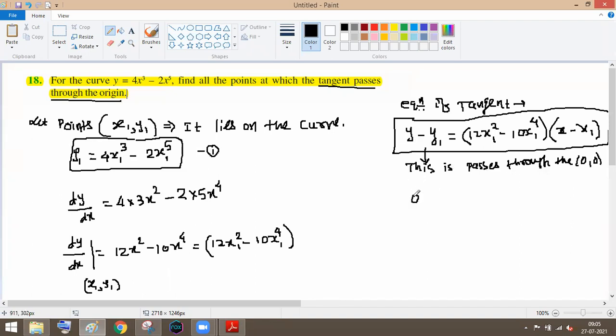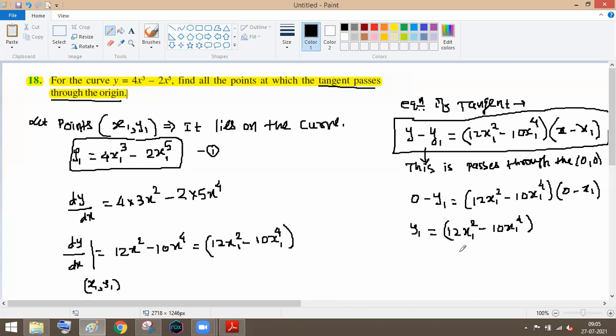So the value of y becomes 0: 0 minus y1 equal to 12x1 square minus 10x1 to the power 4 in the bracket, x becomes 0, minus x1. Now if I cancel this minus and that minus, we will get y1 equal to 12x1 square minus 10x1 to the power 4 into x1. So y1 from here we'll get 12x1 cube minus 10x1 to the power 5.